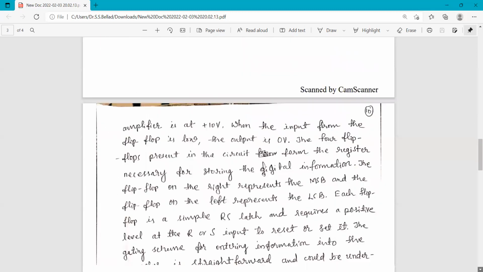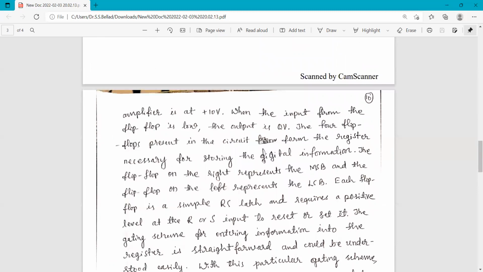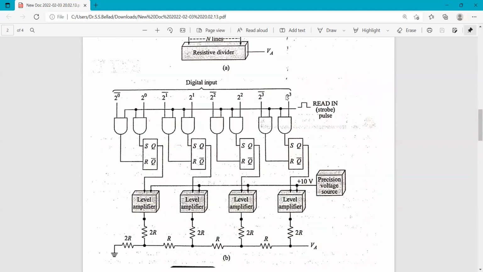And the next, when the input from the flip-flop is low, the output is 0, and the 4 flip-flops present in the circuit form the register necessary for storing the digital information. The flip-flop on the right represents the MSB, and the flip-flop on the left represents the LSB.